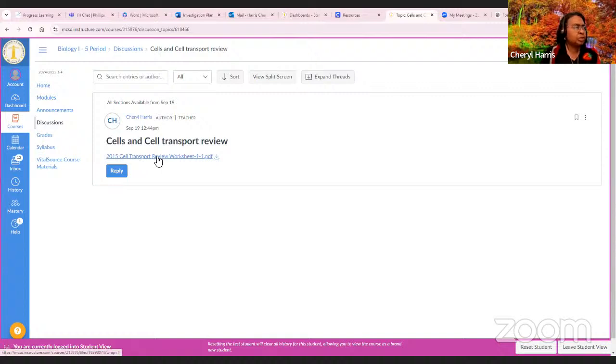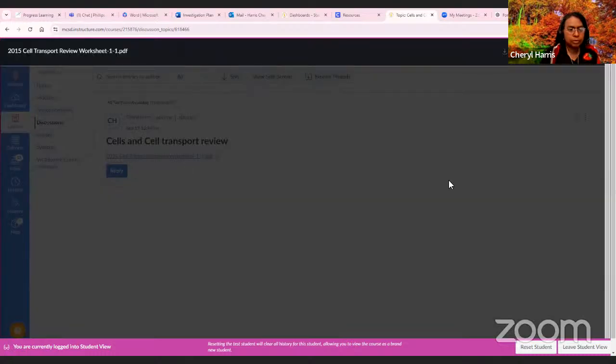All right, it should be under discussions. So I'm looking at the student view right now. So it should be under your discussions. When you click on it, it should open the worksheet that we couldn't open before, hopefully.